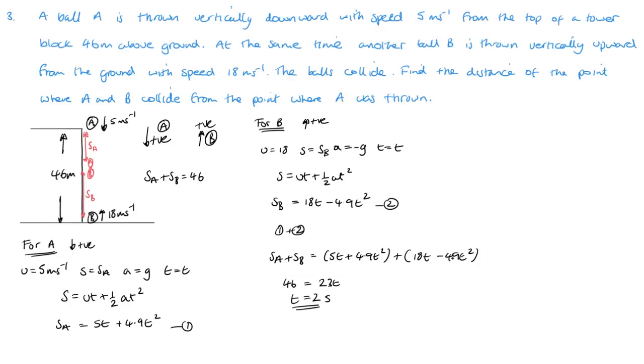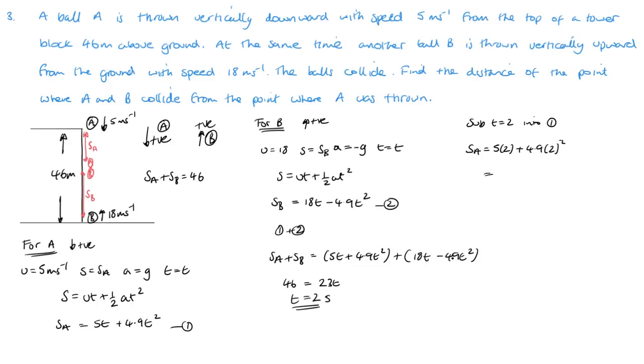And I can use this now to find out what SA is. So we're going to sub t equals 2 into equation 1. So that's SA equals 5 times 2 plus 4.9 times 2 squared.